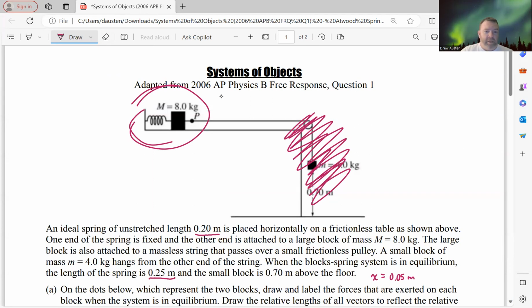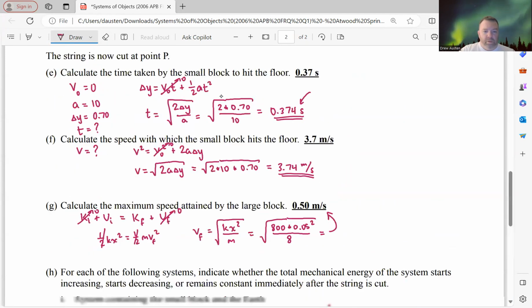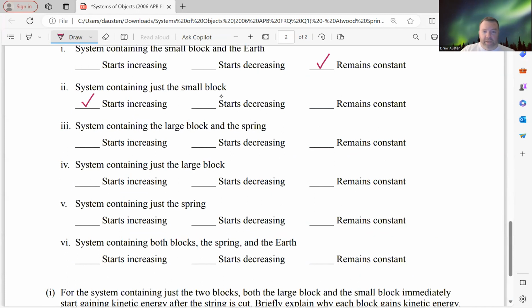So it's like its own mini closed system where the energy is going to be conserved. So again for this one, we can say that the mechanical energy remains constant between that spring and the large block.